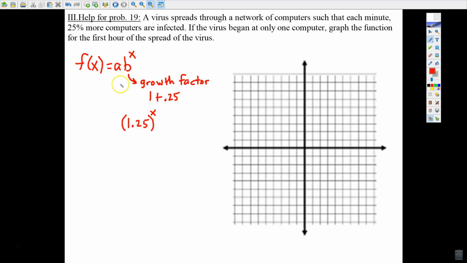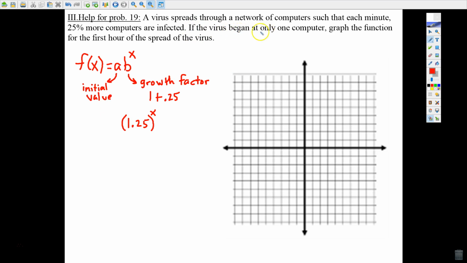This A number in these word problems, I know it refers to when we're graphing, it tells us about stretch or compression. But in these word problems, it's like the initial value. Like, where did you start?